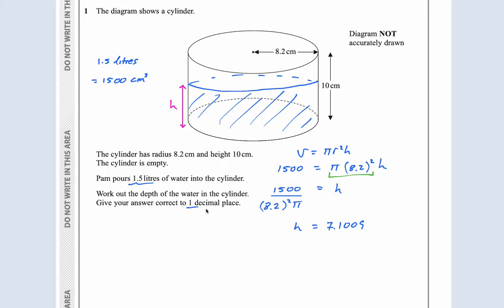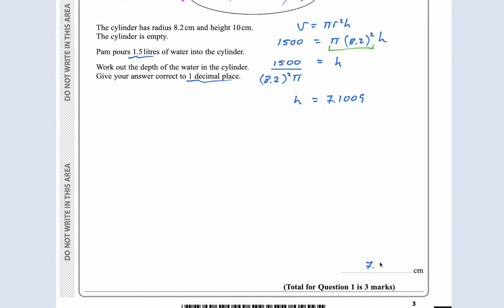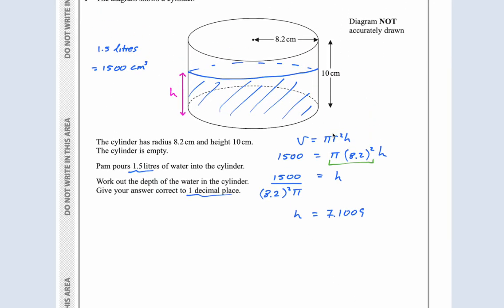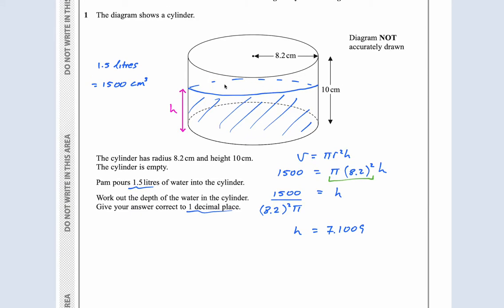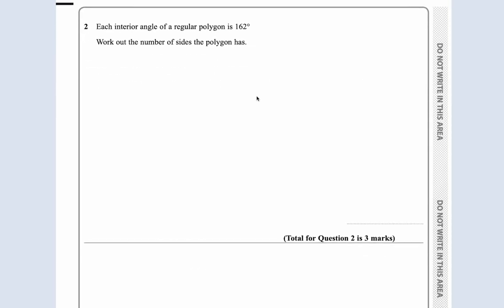It says one decimal place, so 7.1. So note, guys, this is like a rearranging to find h question, but interestingly, this 10 centimeters is actually not useful. I'm not going to use it, and no doubt it would have thrown off a lot of students. So actually not an easy question 1 start to the paper.